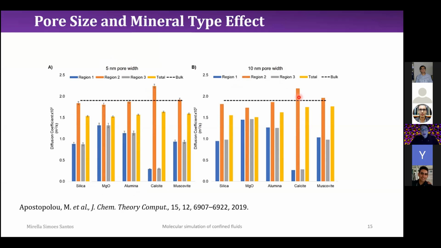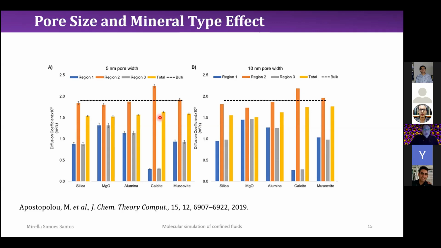Calcite has a unique behavior, let's say, because of such a strong interaction that it has with the fluid. It causes the density in the middle of the pore for these pore sizes to be lower than what we would expect in bulk conditions for the same system. That's why we have a higher diffusion coefficient for methane in the middle of the calcite pores in this case.